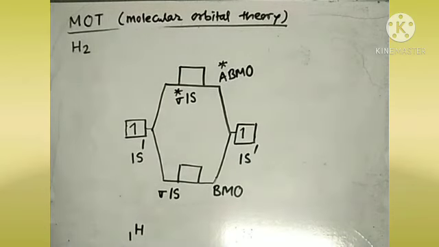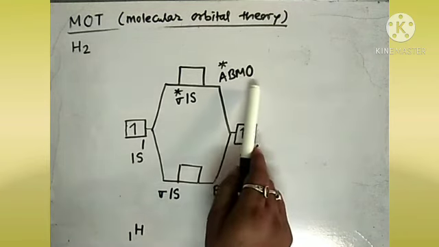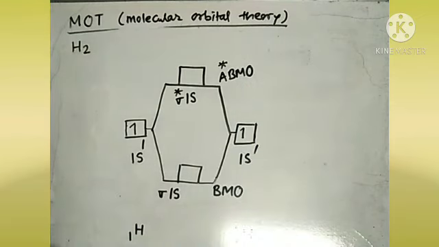now let's see. The bonding molecular orbitals are formed when the addition takes place between two atomic orbitals. And of course this anti-bonding molecular orbital is obtained whenever the subtraction takes place between the two atomic orbitals. Now we can fill the electrons one by one with the help of Hund's rule of maximum multiplicity.